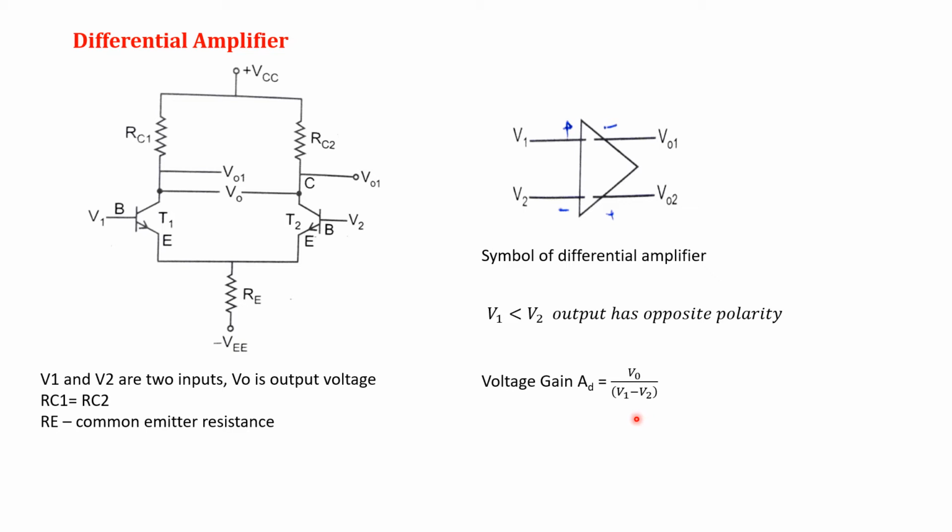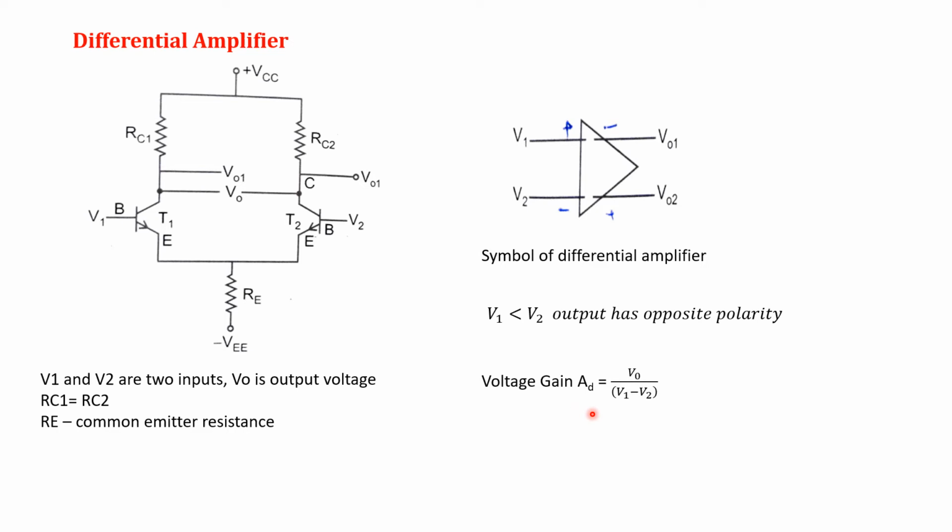It means when both non-inverting and inverting voltages are applied, they form differential inputs, because we can easily calculate output voltage V0 from that relation: V0 is equal to the difference between the two input voltages multiplied by the voltage gain of the differential amplifier.